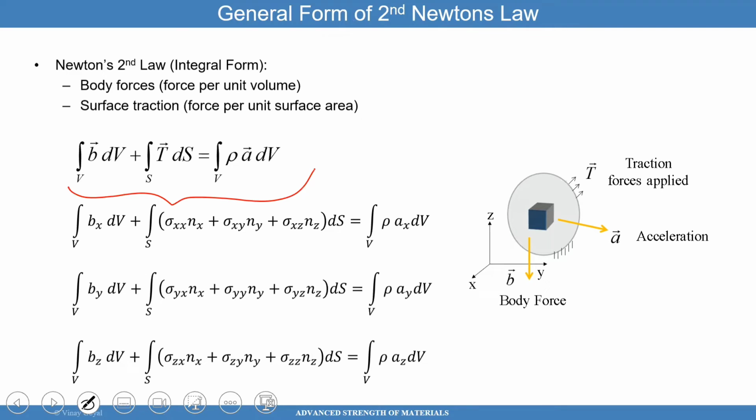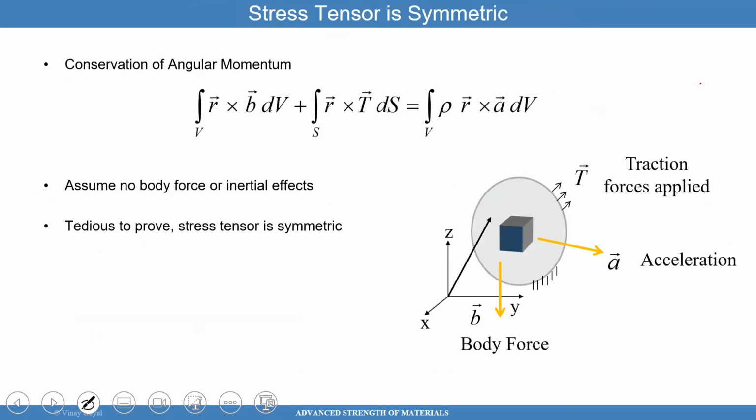Now if I take this position vector R to that point here, and I cross it against the force B, I get a moment. I'm going to do that for every single one of the forces that I have in the system.